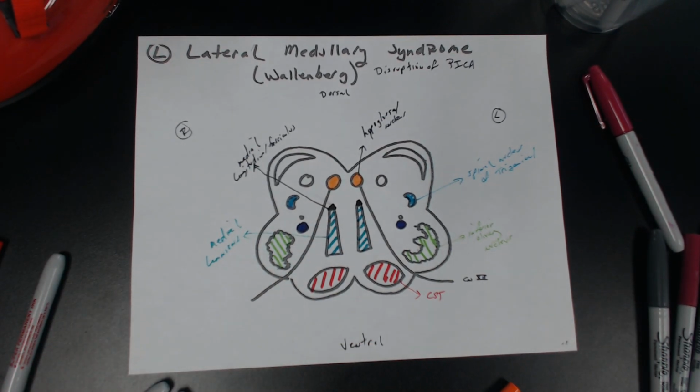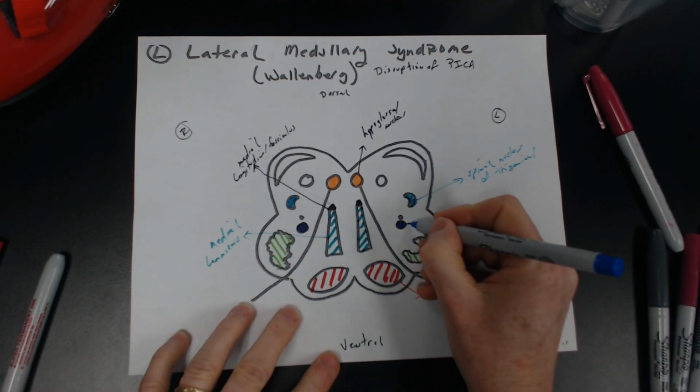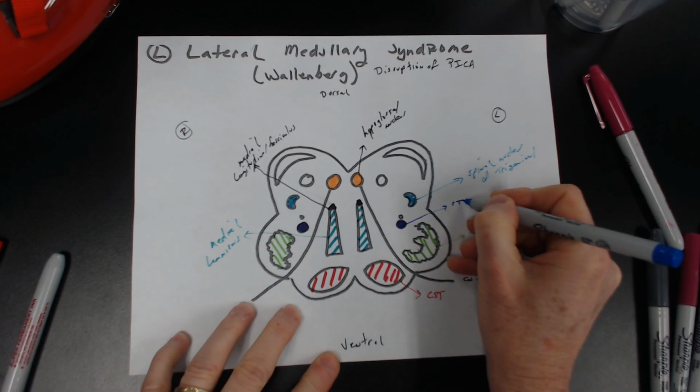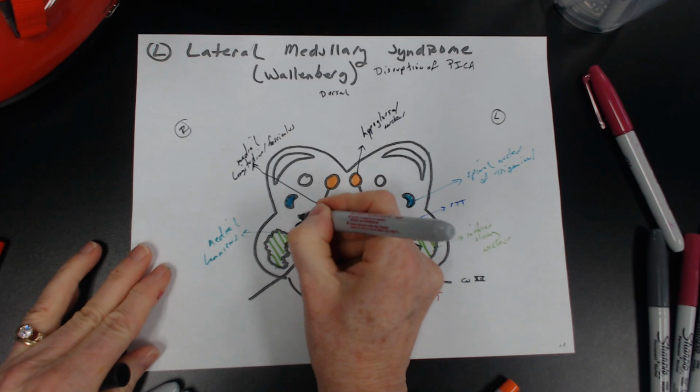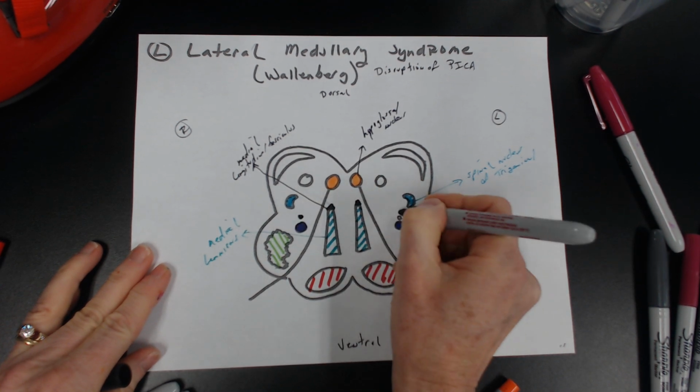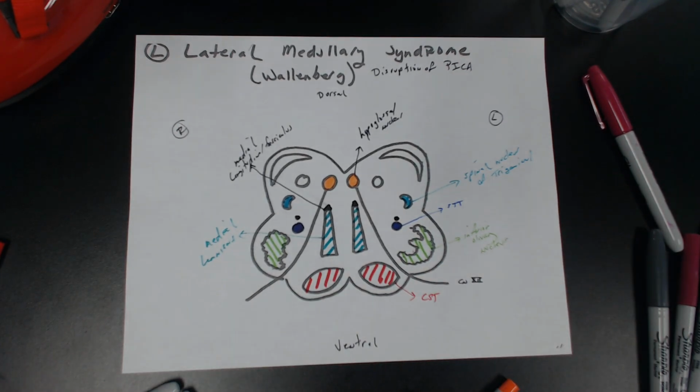Down here is going to be your STT. Usually hanging around with the STT is the tract we talked about today, this little black dot, your sympathetic tract.